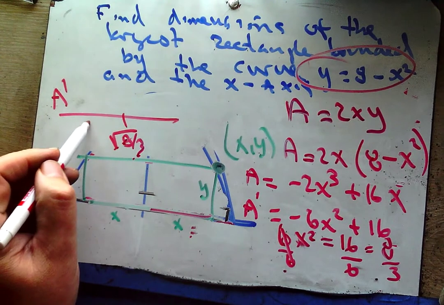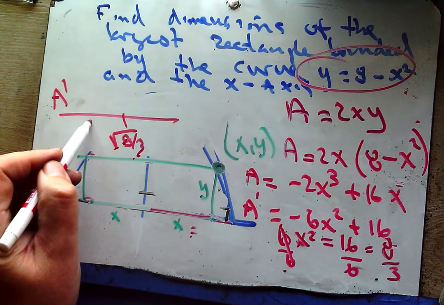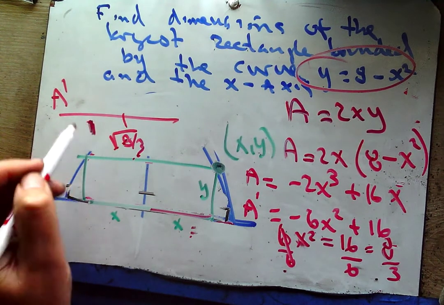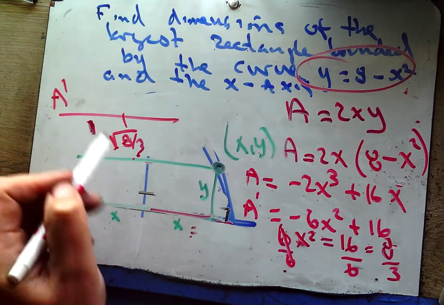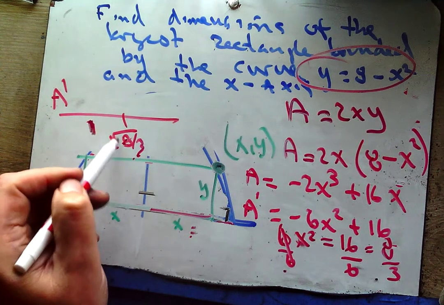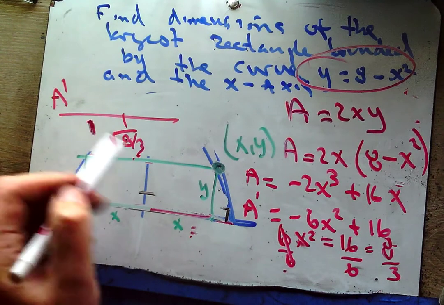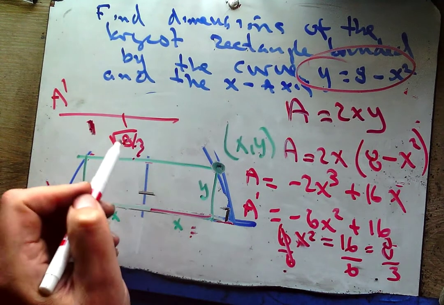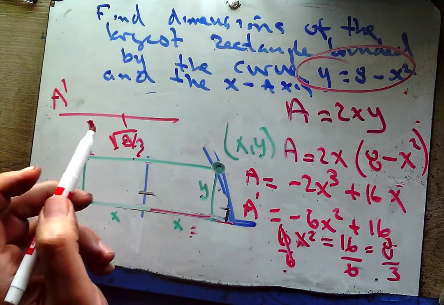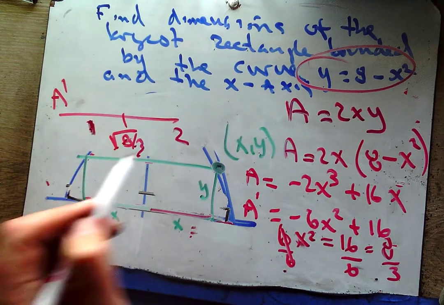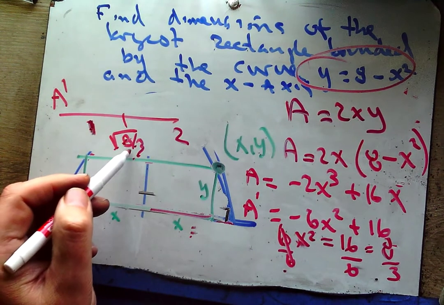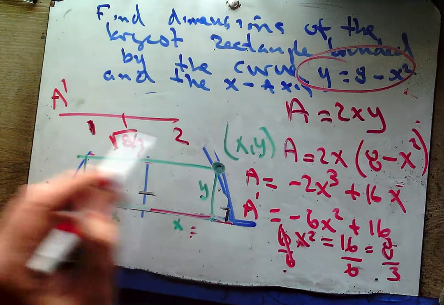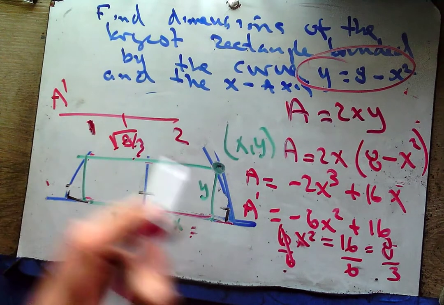So I feel pretty safe putting in, I don't know, a 0, a 1 would be good. To get 1 here, we'd have root 3 over 3. So this is bigger than 1, and something bigger than this. The square root of 4 is 2, and this is smaller than the square root of 3. So I'm going to say 1 and 2 are my test values for A prime.